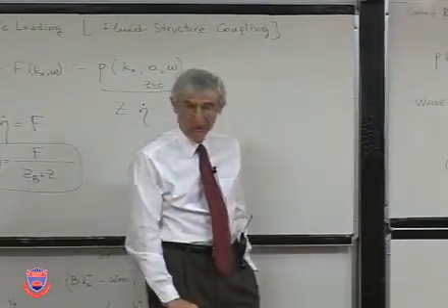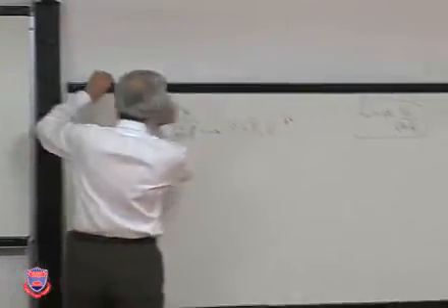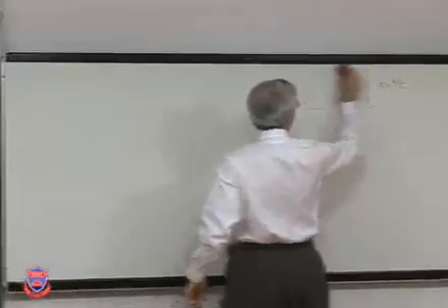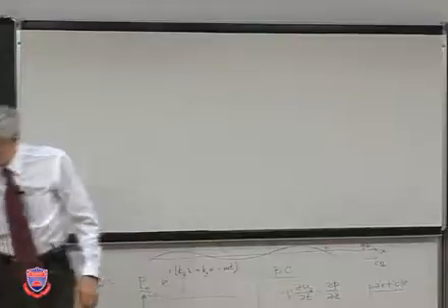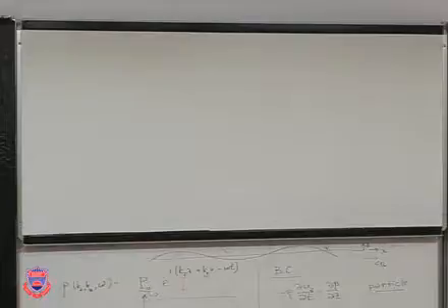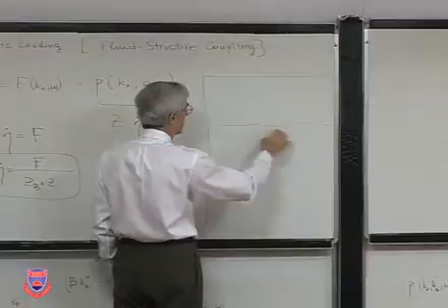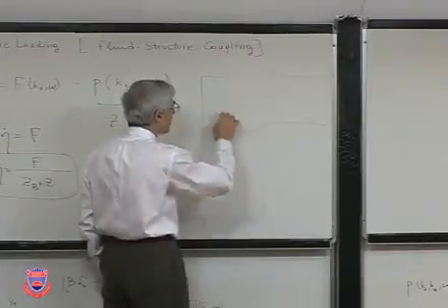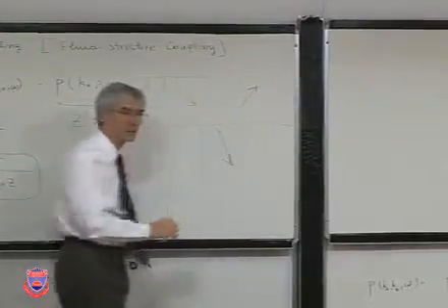Reflection and transmission, just like before. Let me clean this up. I'm going to try to remind you from your previous studies. Remember now, you had between two fluid layers, sound pressure coming, sound pressure reflecting, and sound pressure transmitting, right?